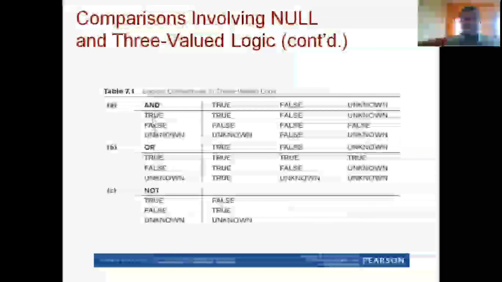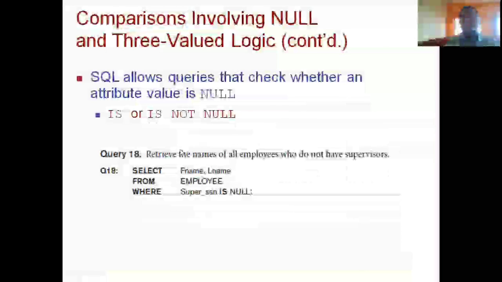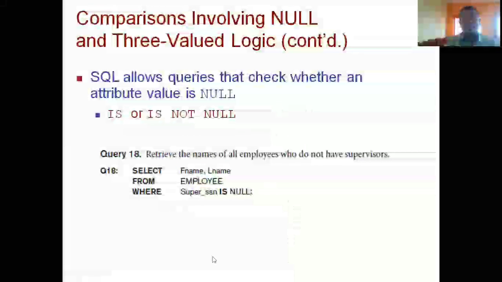AND conditions: true and true is true, true and false is false, unknown and false is false, false and false is false. So whatever condition we are applying in the logical connectives, based on that you have to apply in the relations. So comparisons involving null, three-valued logic.